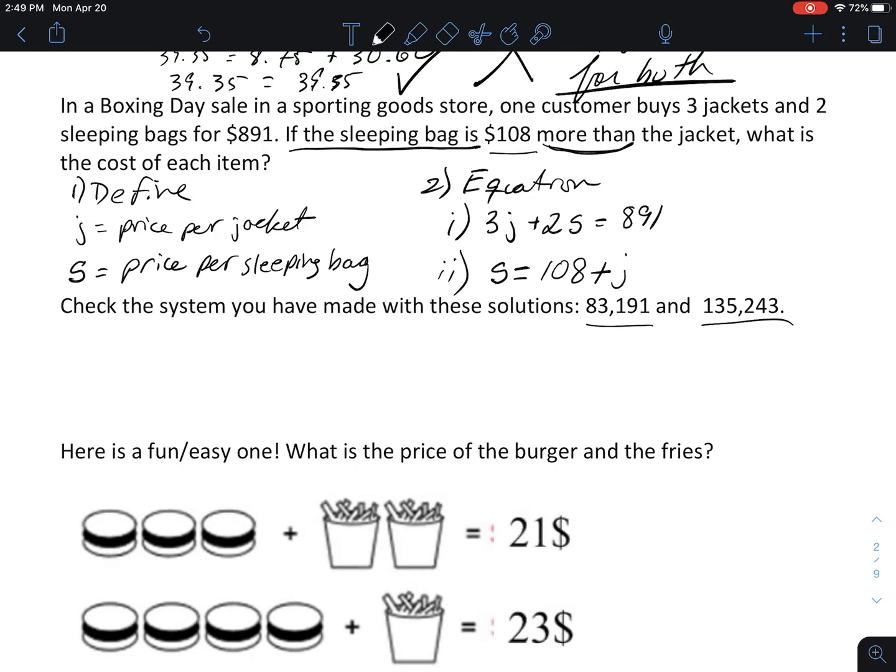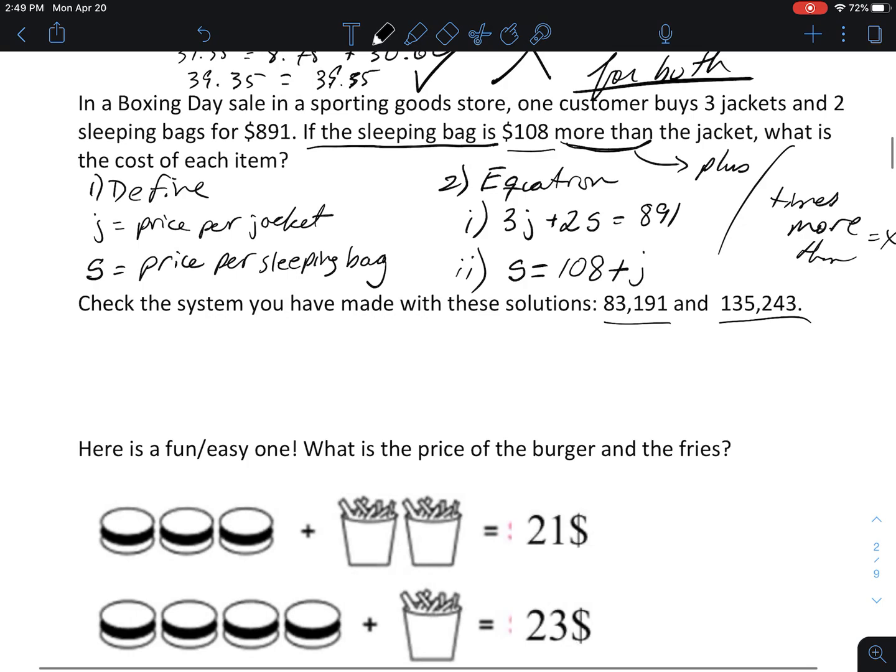108 more than, what operation do you think that is? Plus the jacket. Okay, more than means plus. But if I say times more than, that's multiplication. Okay, so don't get those confused. 108 plus J. And now I put this in for jacket, this in for the sleeping bag.